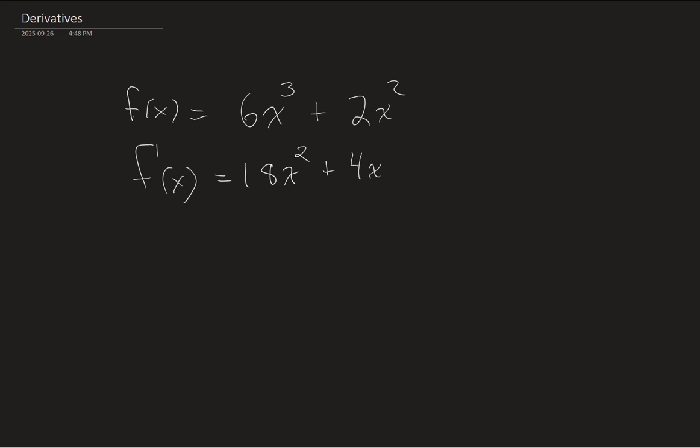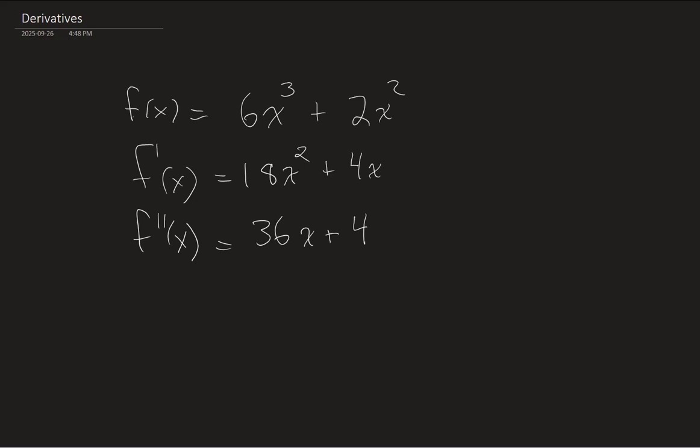Let's take the second derivative, so f double prime of x. So we multiply, 2 times 18 is 36, subtract 1 from the 2, and I get 1. I don't need to write that. Now the 4x, remember there's an understood 1 there. 1 times 4 is 4. When you subtract 1 from 1, you get 0, and anything to the 0 power is just 1.